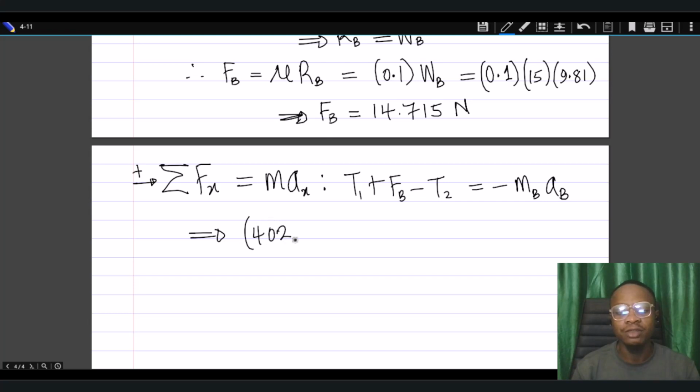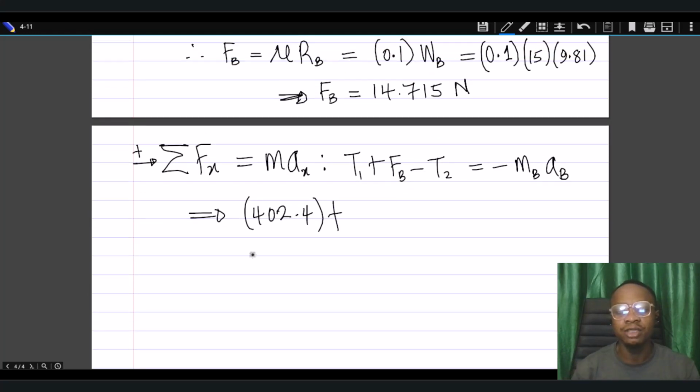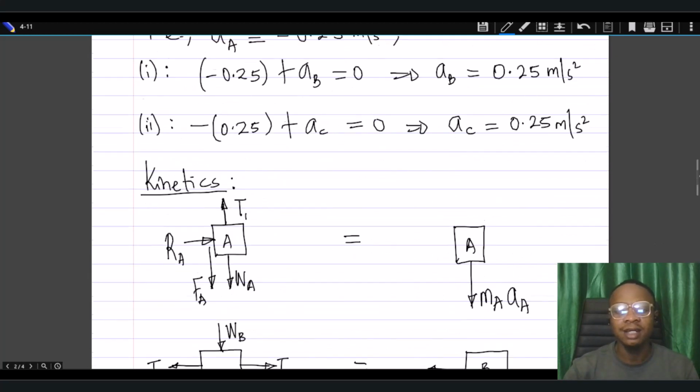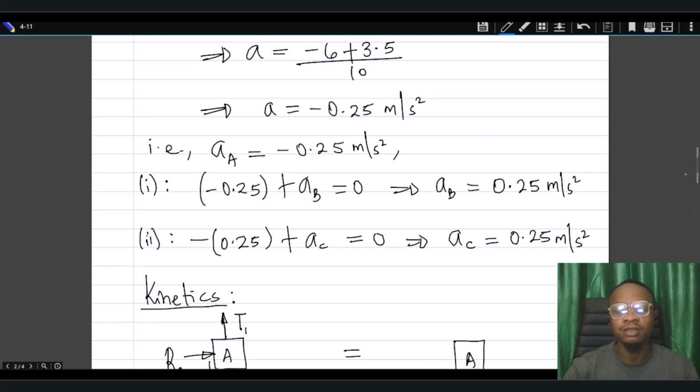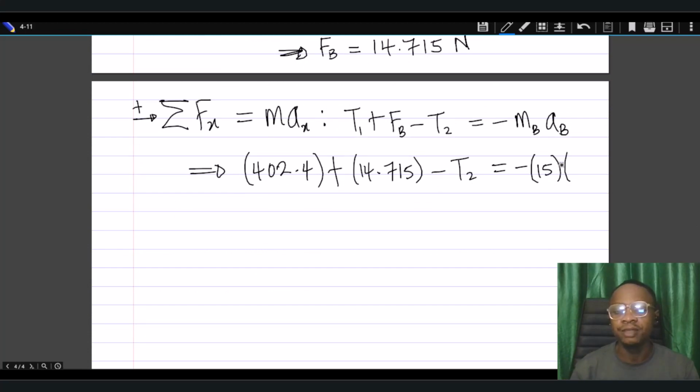We have 402.4, then plus FB, which is 14.715, then minus T2 equals minus MB, the mass of B, which is 15. Acceleration of B, we got it already, so we're just going to insert it exactly as we obtained it, which was positive 0.25.